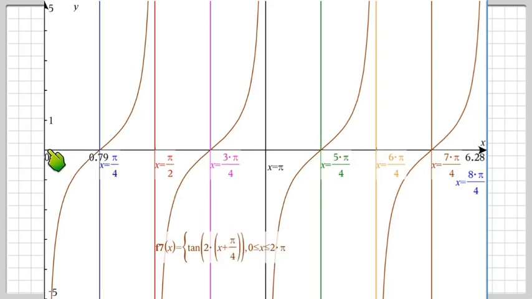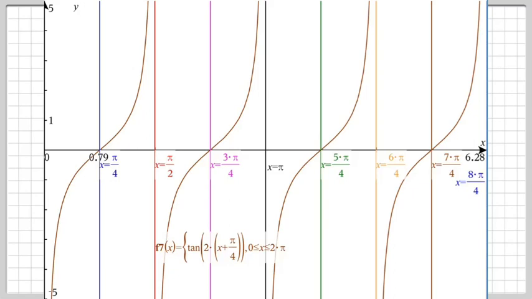Now, okay, this is what it looks like. So there's 1, 2, 3, 4 cycles there, and basically this axis has been moved over to the right by pi on 4 compared to what it was before. Now, that's very busy, isn't it?